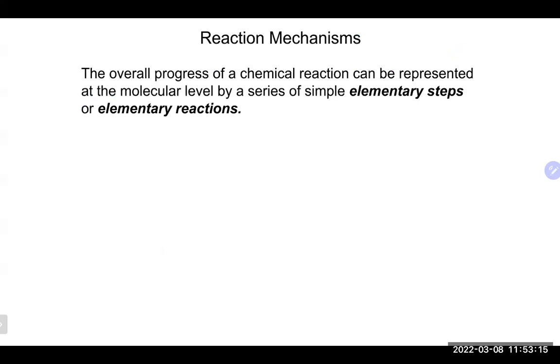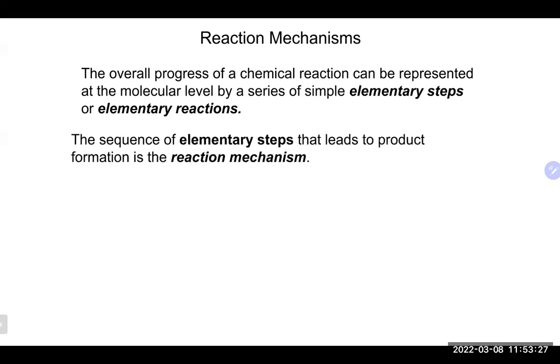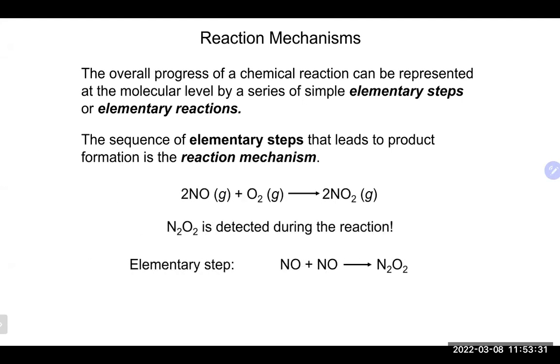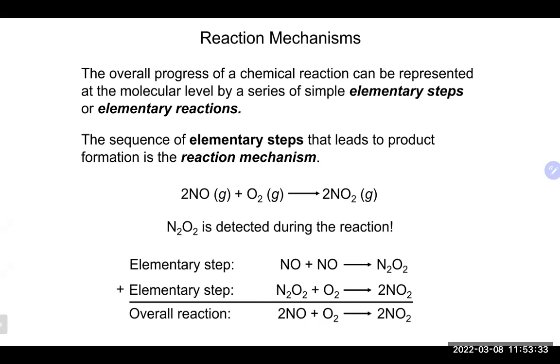Reaction mechanisms are ways in which we try to predict a possible pathway for how a reaction takes place. Again, it may require multiple steps to do so. The overall progression of a chemical reaction is represented by what are sometimes referred to as elementary steps or elementary reactions. These are the individual reactions that, when you put them together, give you the overall reaction that you're looking for.